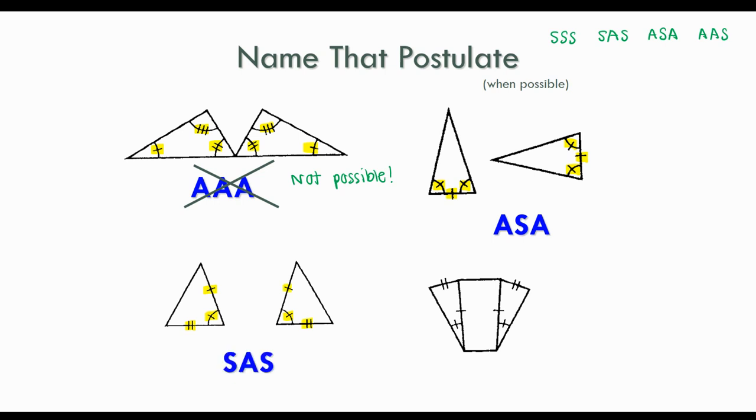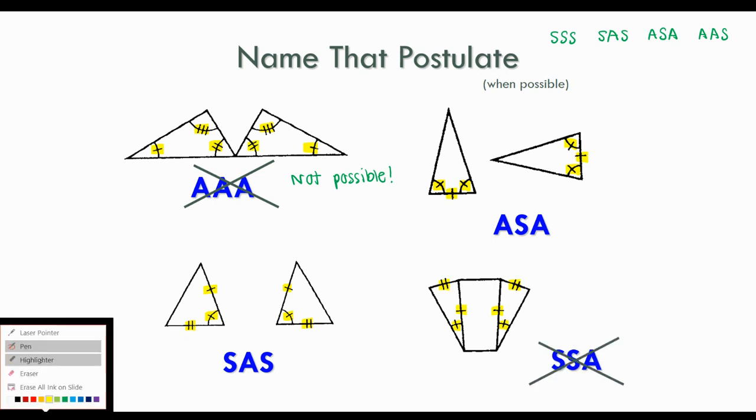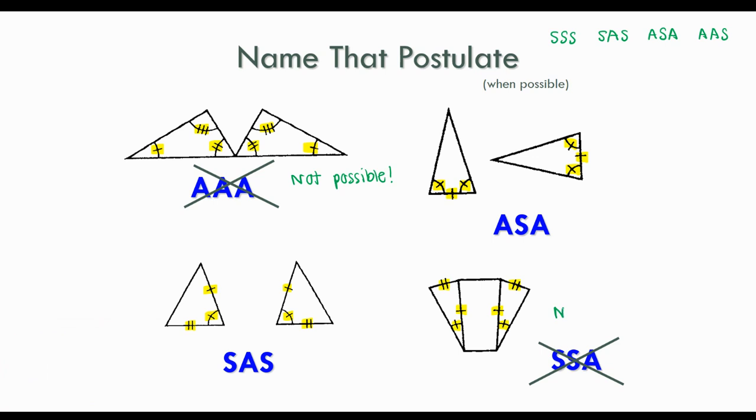So notice that this one is side, angle, side. That is a way to prove the triangles congruent. Bottom right here, notice that we've got a set of sides right next to it, another set of sides followed by an angle. So when we have side, side, angle, remember, spells out a bad word. This one is not possible.